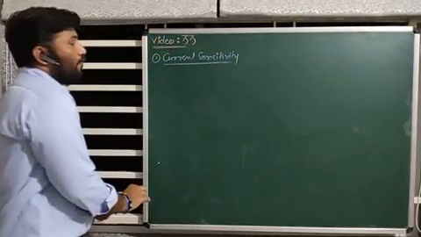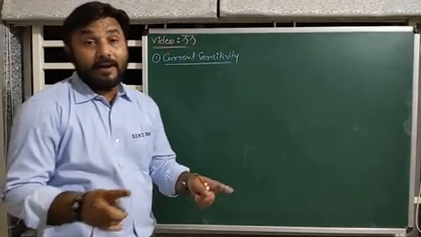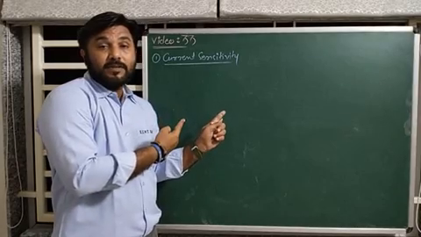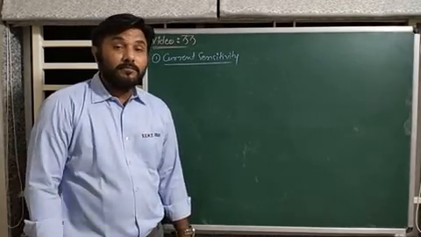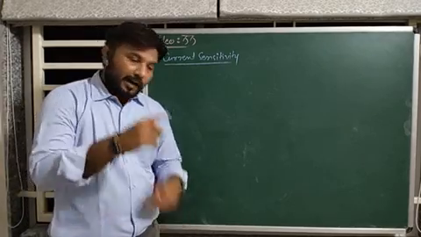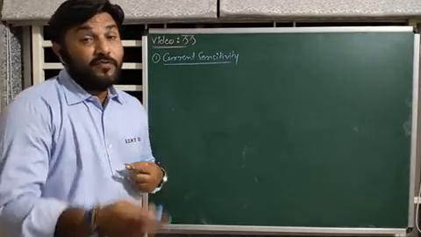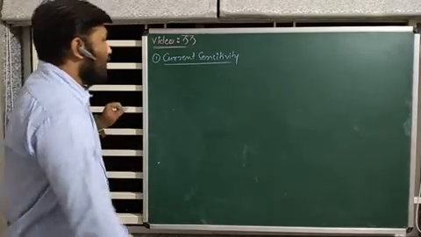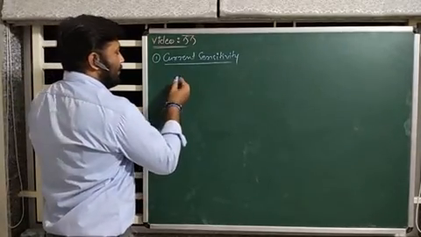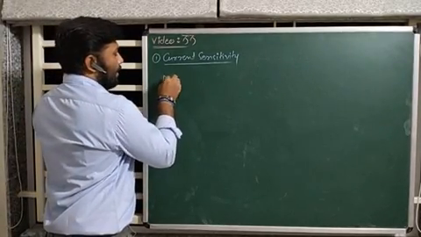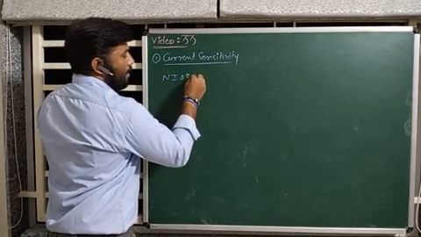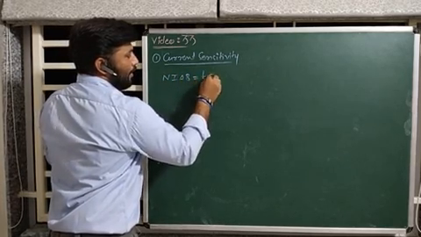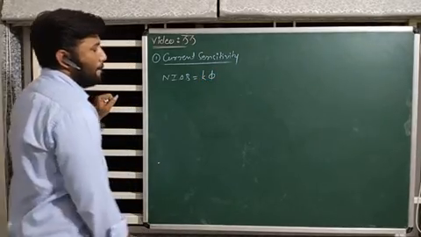Clear? From where we have to write the equation? Try to recall that last video. In that video, we wrote one equation, N I A B is equal to K phi.